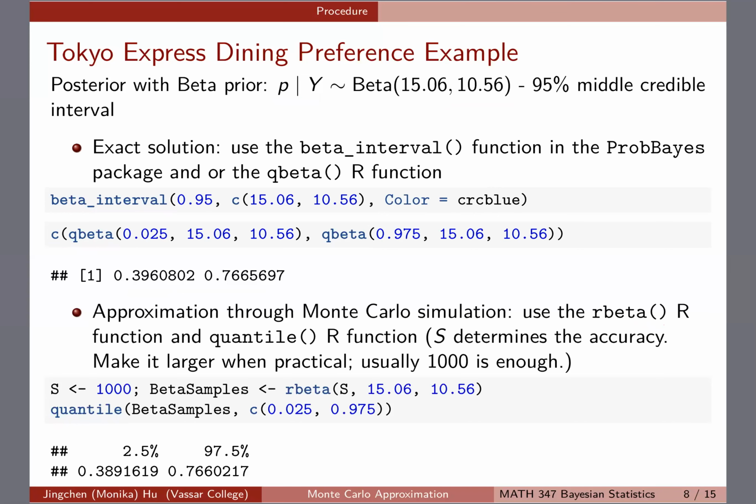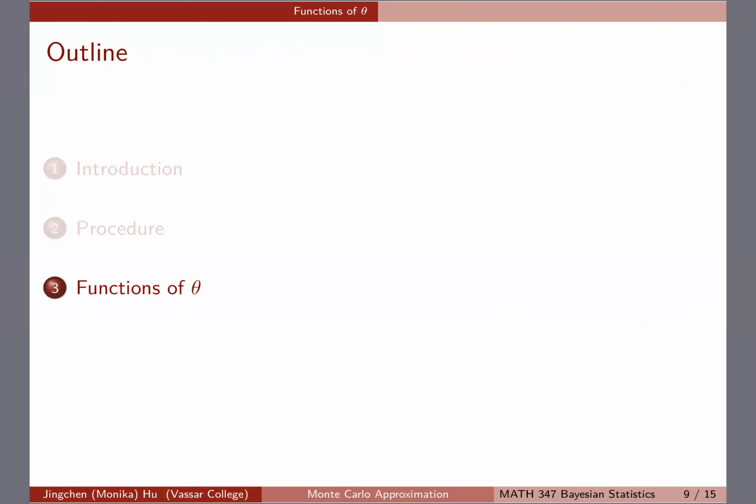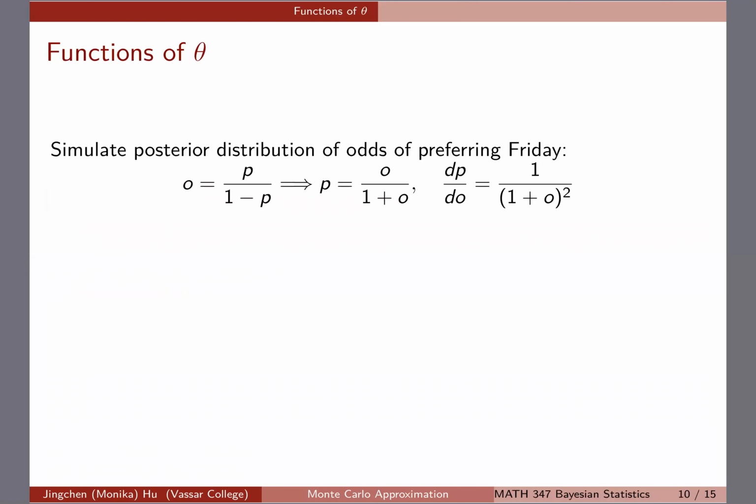Okay, make sense? All right, so let's cover a couple of functions of theta. When would you ever work with functions of theta? For the proportion case, we know that P is the success probability. Another terminology is the odds.